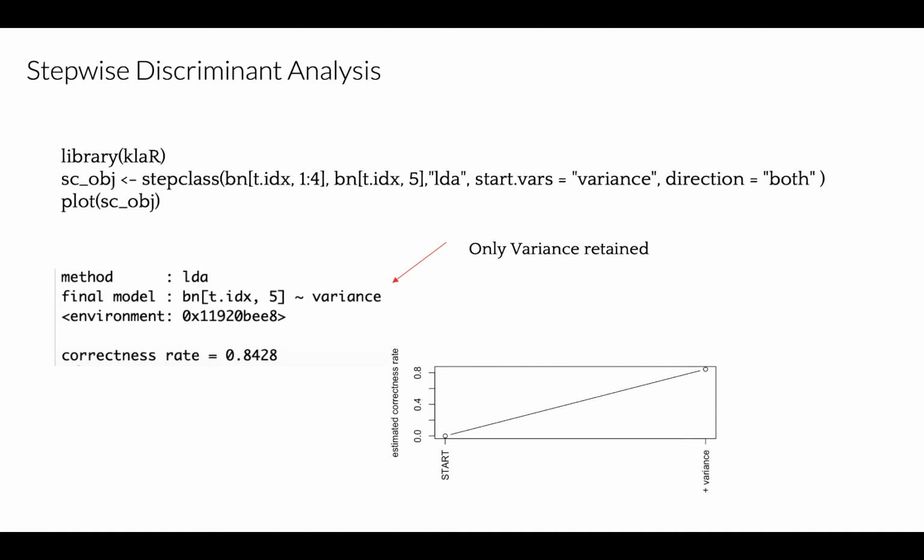When we plot this object and also print the summary, we notice that only variance, one predictor, is retained as the best model. And if you look at the plot with estimated correctness rate, from the start, the correctness rate increased when we add and retain variance.